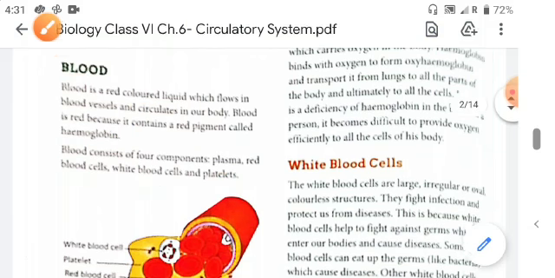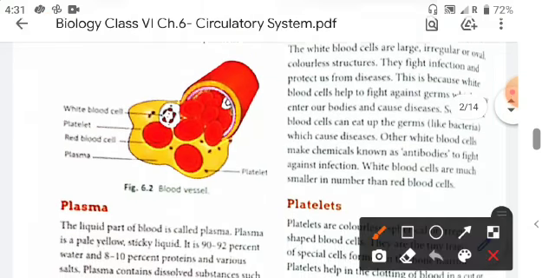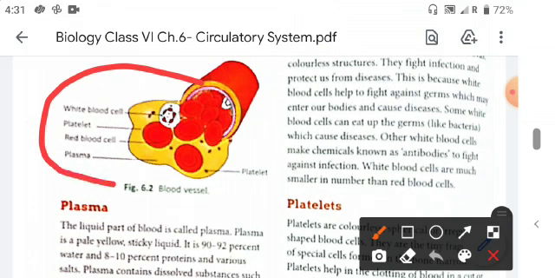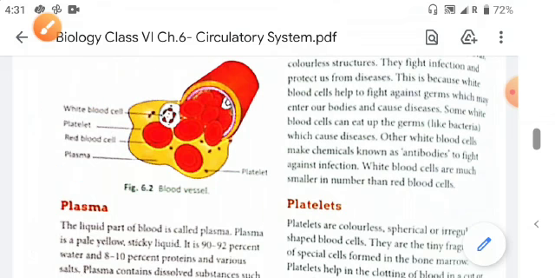Now here in this figure you are seeing white blood cells, red blood cells, platelets and white blood cells. So this is white blood cell, platelets, red blood cells and plasma. The first thing is plasma.